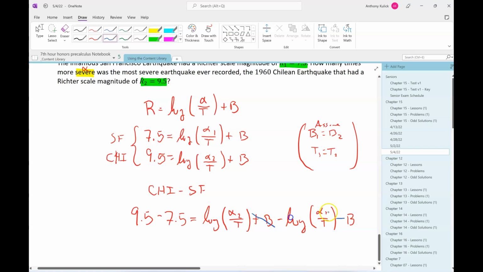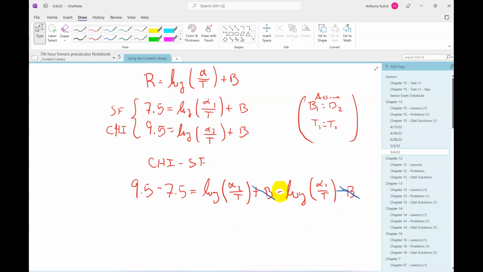I have a plus B and I have a minus B, so those can just get out of there. And then notice, what do I have going on? Yeah, very good. Since we're subtracting the two logs, that is textbook quotient property.